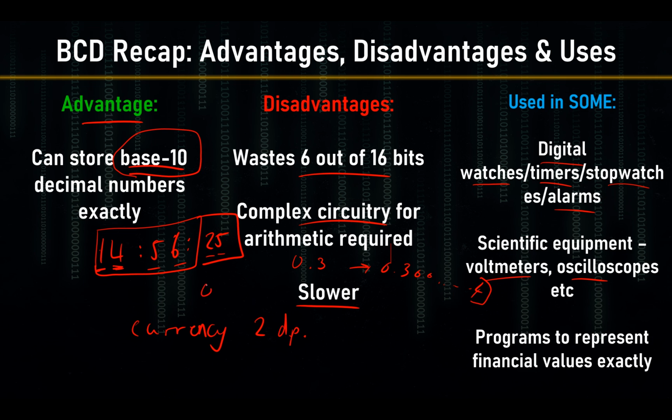Likewise, let's say 0.72 gets represented as 0.71999995 or something. Then in that case, you're going to receive less money than you expect. So for currency or financial transactions, if we want to be 100% sure to get the exact amount, that's where we can use BCD.